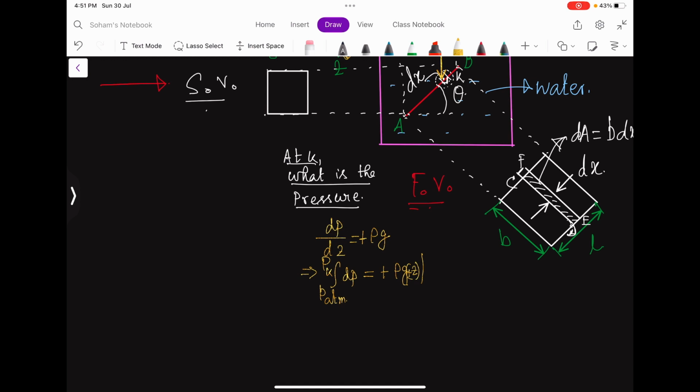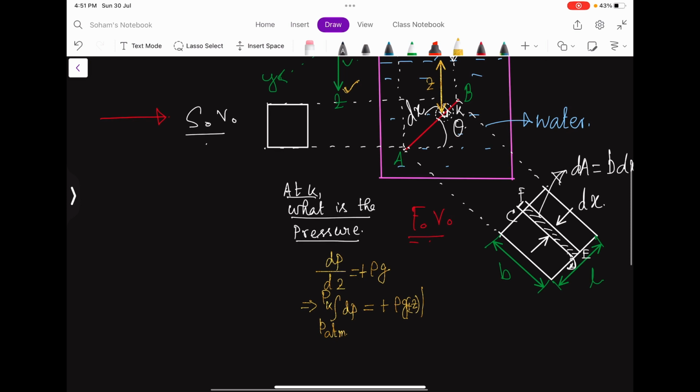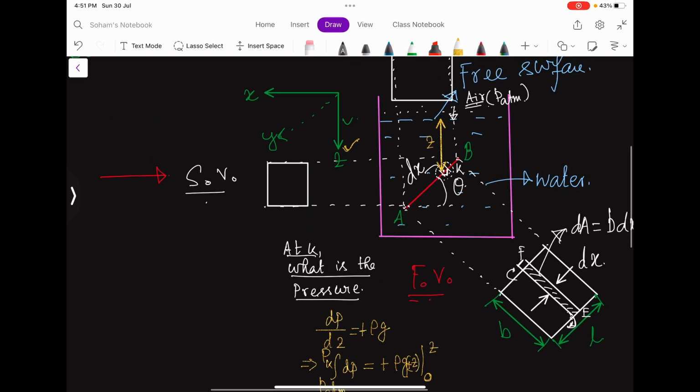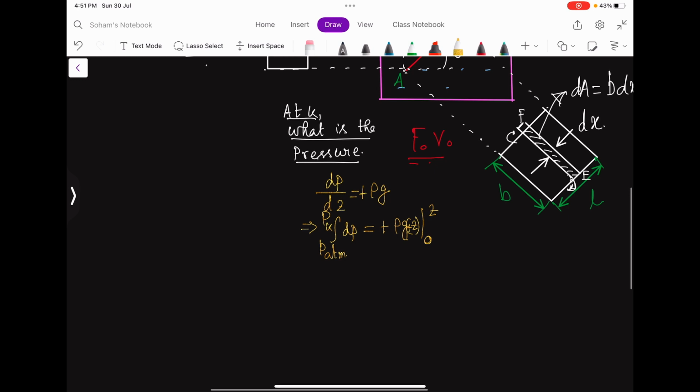So now the limit will be from 0 to z, because this level is z equal to 0. Fine. So then P of k equals P atm plus rho gz.